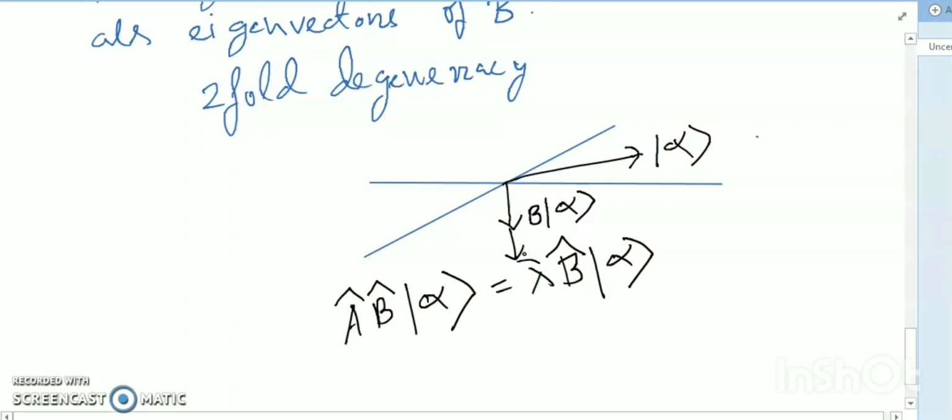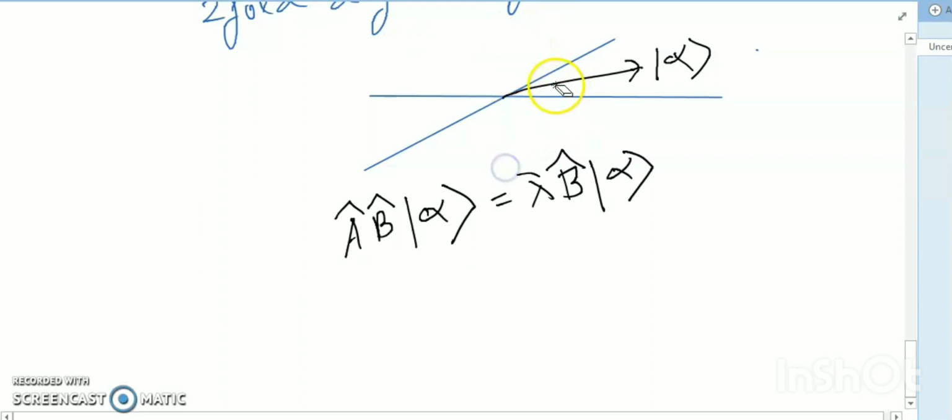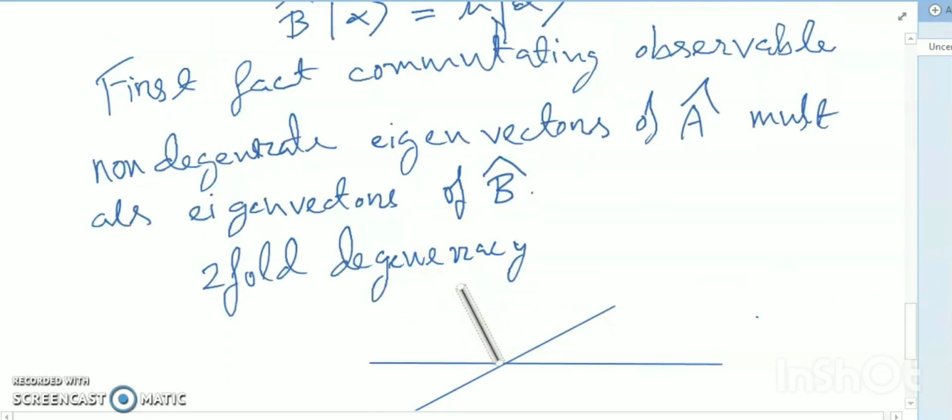What about vectors orthogonal to the eigenspace? Let's draw. This is my plane, and now suppose this is my vector orthogonal to it, that vector is P. Let P be some vector orthogonal to the lambda eigenspace.